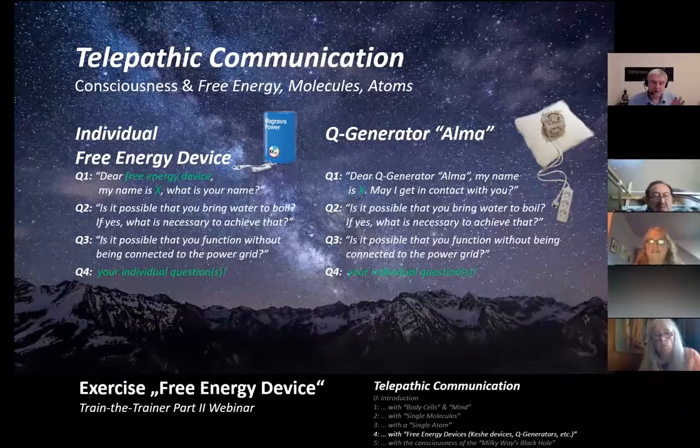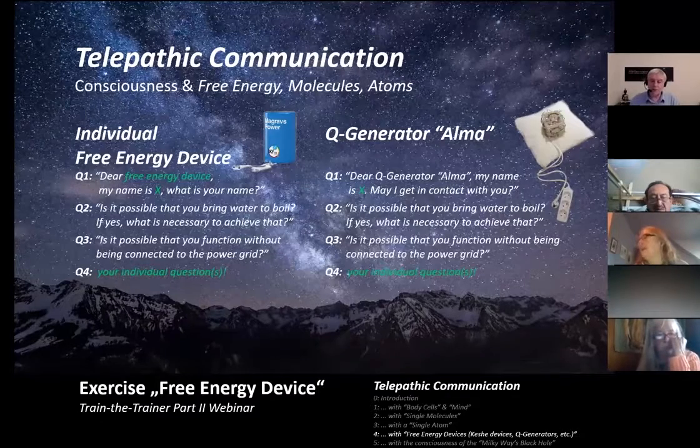So again, for those just building a free energy device, they just need to focus their intention on all components, or if they like, on one certain component where they would like to know whether this component is working or not, right?